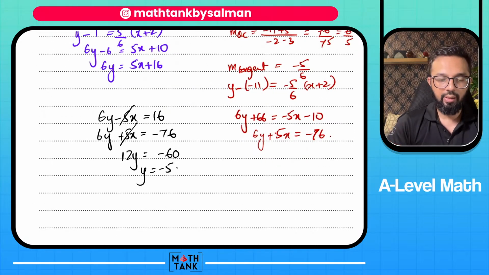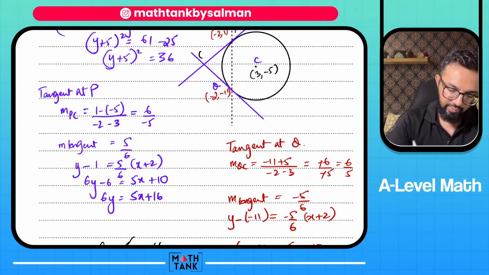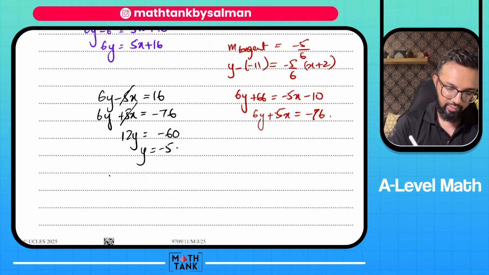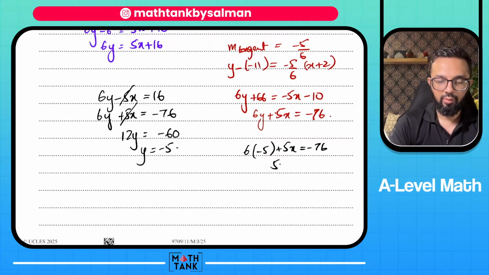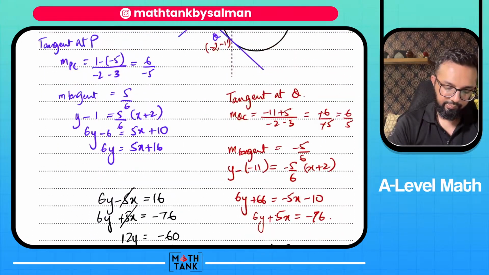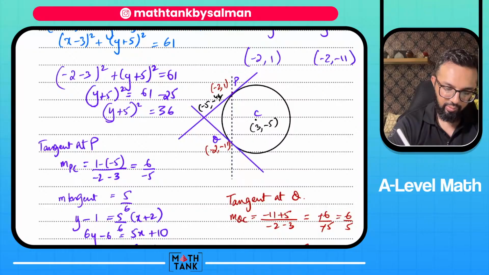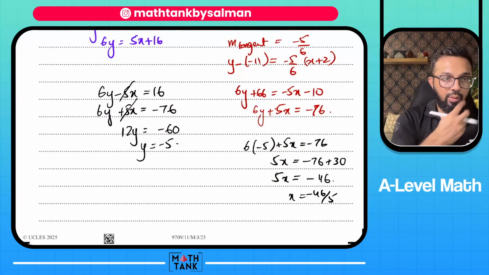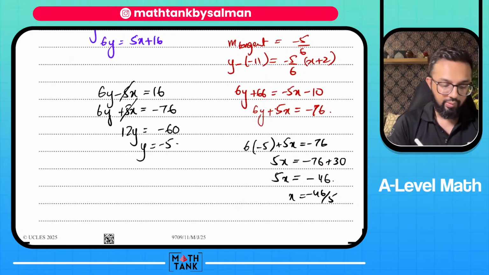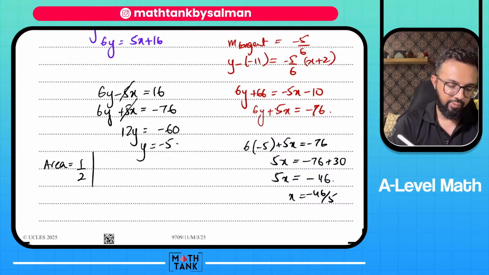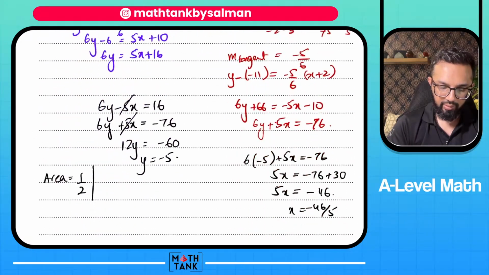I'm solving these simultaneously now to find this intersection point. So y is minus 5, and what is x? Okay, so we have that. For the area, we have half. What is the first coordinate? Minus 2, 1, minus 2, minus 11.